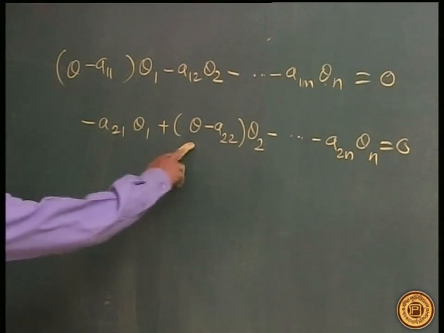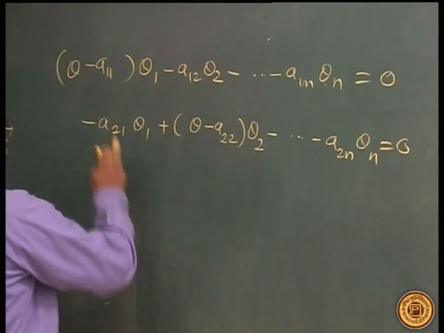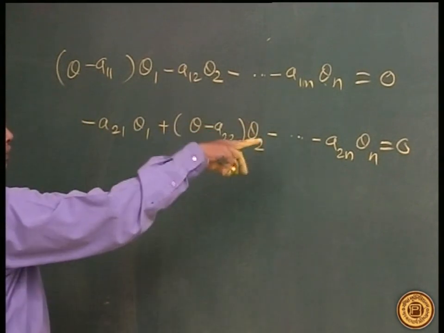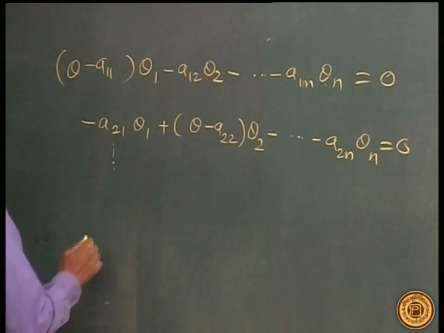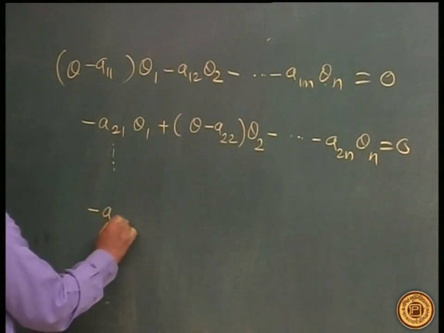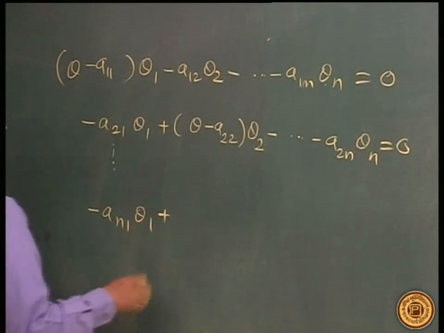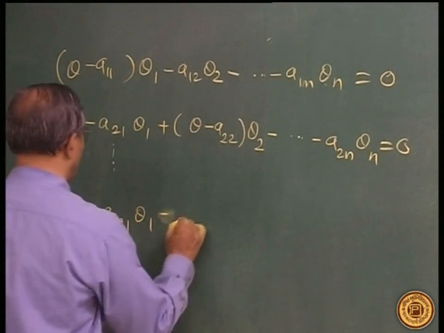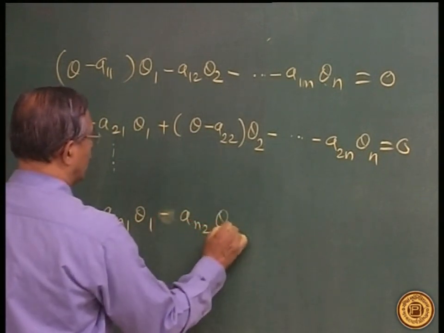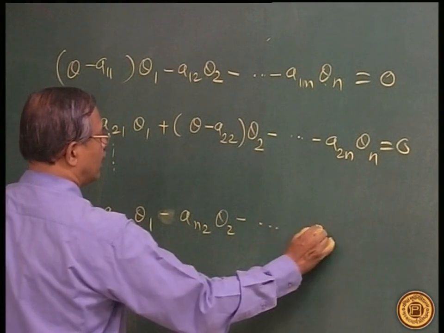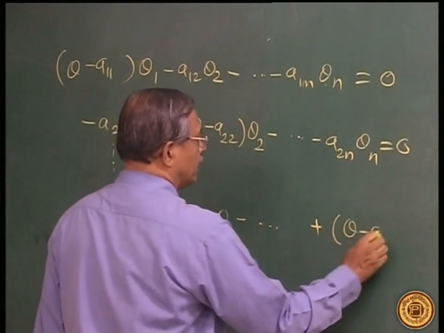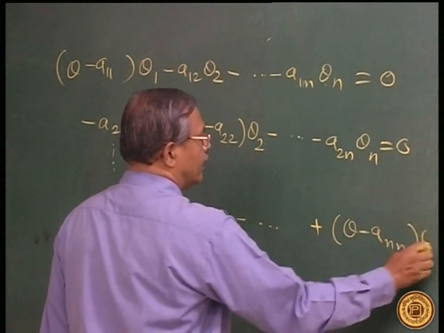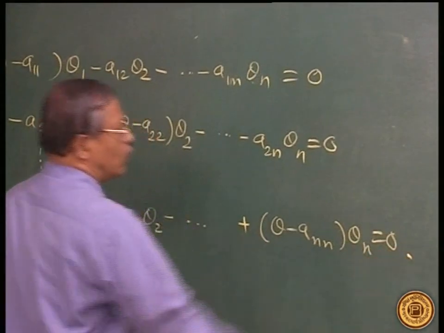Here you have theta minus a22 and all others are minus a21, minus a23 and so on. Continuing like this, we get minus an1 theta 1 minus an2 theta 2 minus etc. Finally, plus theta minus ann theta n equal to 0.